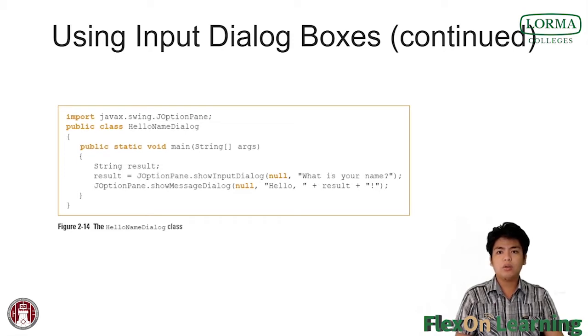Take note that when you're using an input dialog box, you always save it in a string variable or string data type. So String result, then below is result equals JOptionPane.showInputDialog. The first argument is our parent component, which is null. Next is our message, what is your name?